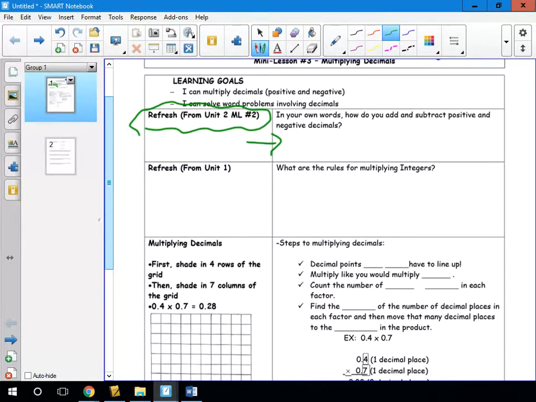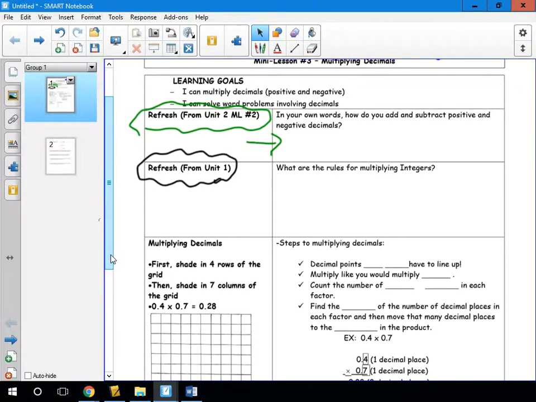Okay, so now let's take a minute to refresh from our Unit 1. In Unit 1 we talked about, instead of adding and subtracting, multiplying. And we talked about how to multiply integers. And who in the world helped us when we were multiplying positive and negative integers?